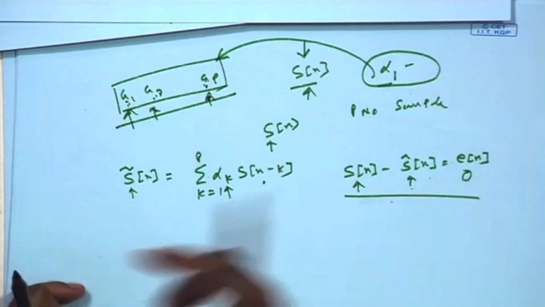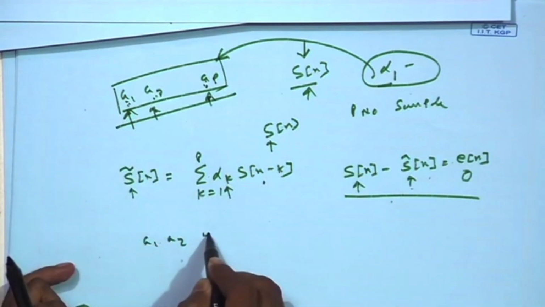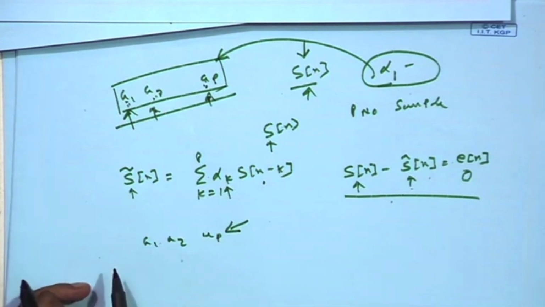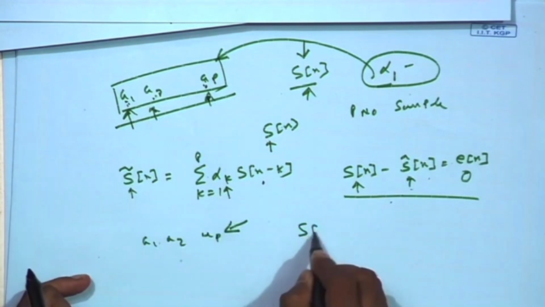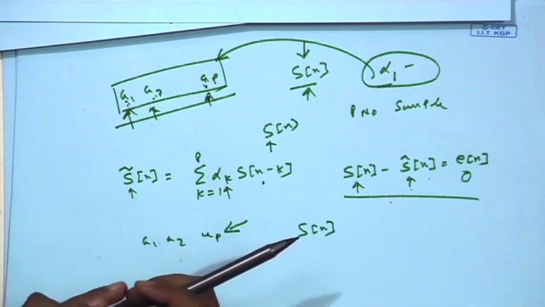Deriving the values of A1, A2 and AP is called LPC analysis, all-pole analysis. When I know these values and generate the signal S n, this is called LPC synthesis.